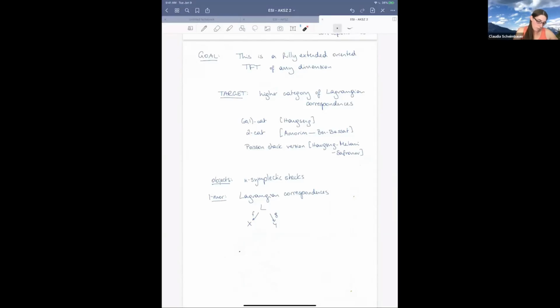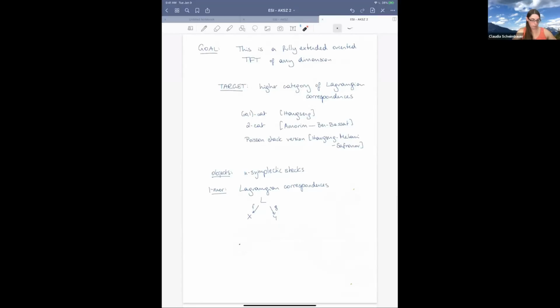By higher, what I mean, well, there was an infinity-1 version by Rune Haugseng, which we immediately built upon. There was also a 2-category version by Amarim Ben-Bassett. And there's also actually a Poisson stack version, so for n-Poisson instead of n-symplectic, by Haugseng, Melani, and Safronov. Let me explain to you a little bit what these things are. So objects are n-symplectic stacks.